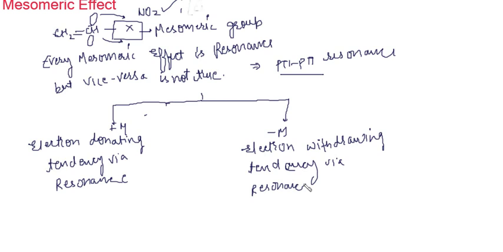So we have two types of groups, plus M and minus M. It is similar to the plus I and minus I effects we saw earlier, and it is again a permanent effect.